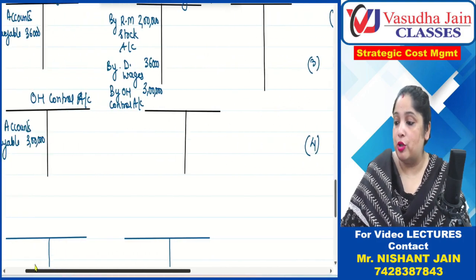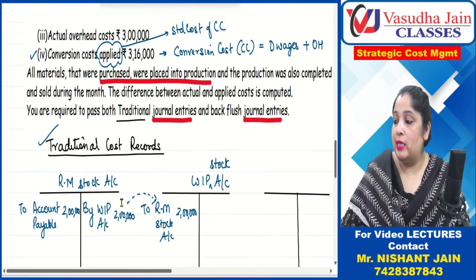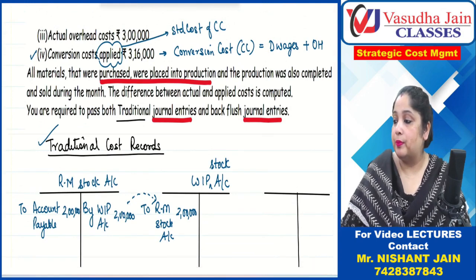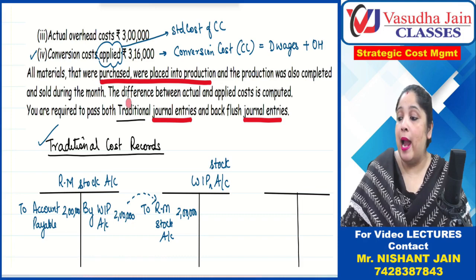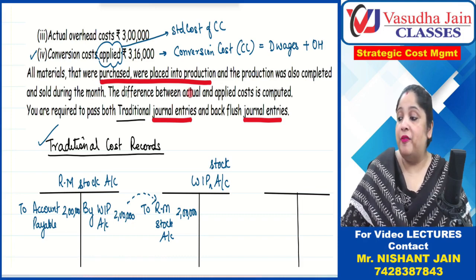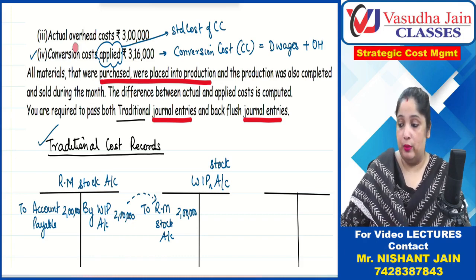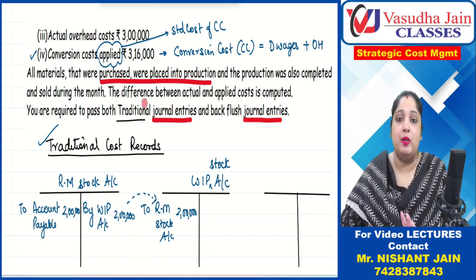Now let us see what the question says. Question is saying, yes, all materials were purchased and placed into production, and production was also completed and sold during the month. The difference between actual and applied is computed. Okay. So whatever production was done, it was completed.